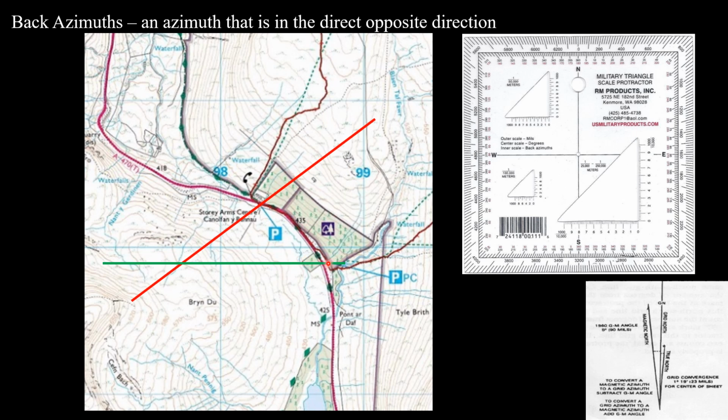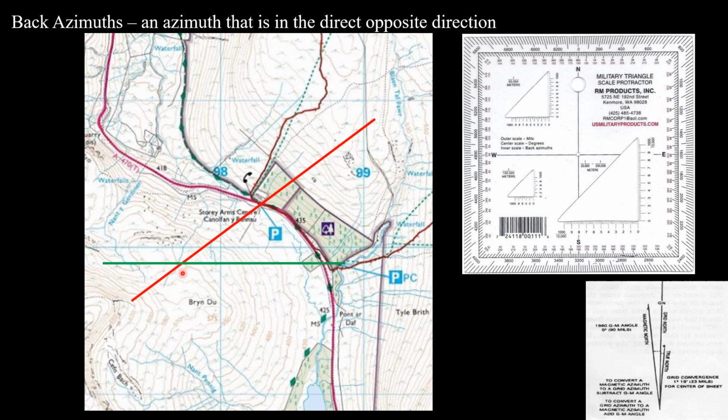That would be right here, this green one. I draw it through the parking lot and then just keep drawing until it crosses these lines. So if your lines don't cross, just keep drawing them longer. And this point right here is where you're located.